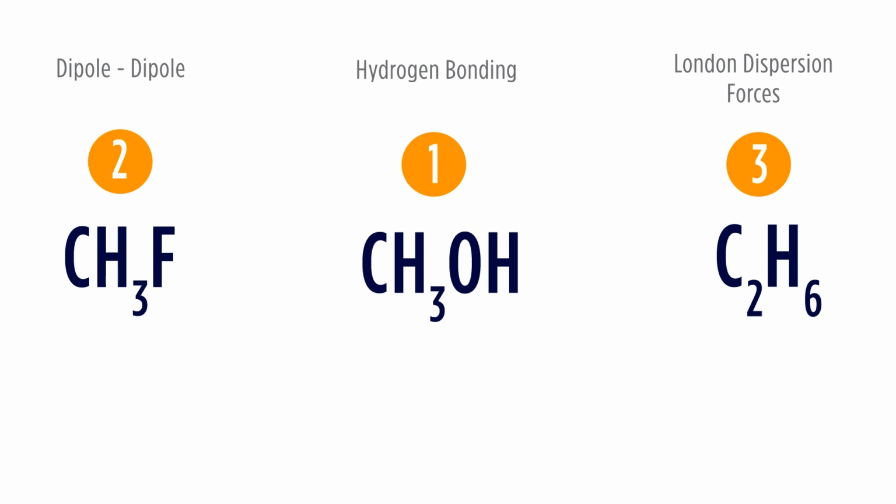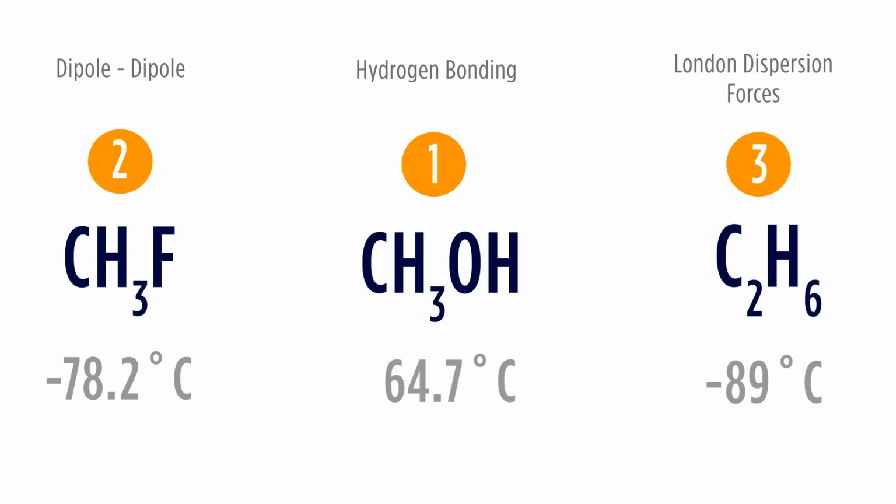Now, the problem didn't say to look up the values, but we can look them up, and we'll see that we get a boiling point of minus 89 degrees Celsius, minus 78.2 degrees Celsius, and 64.7 degrees Celsius. This is pretty common, where you'll see hydrogen bonding having a much higher boiling point or melting point than other substances of similar mass.